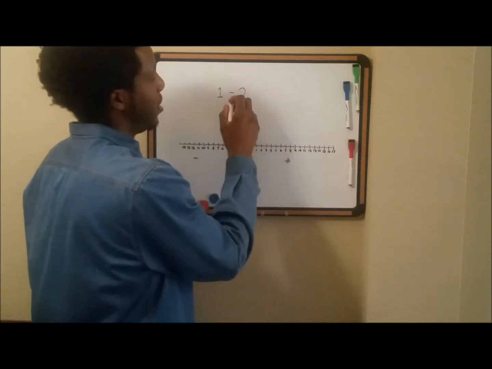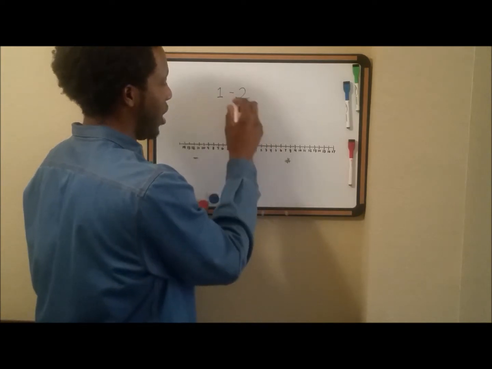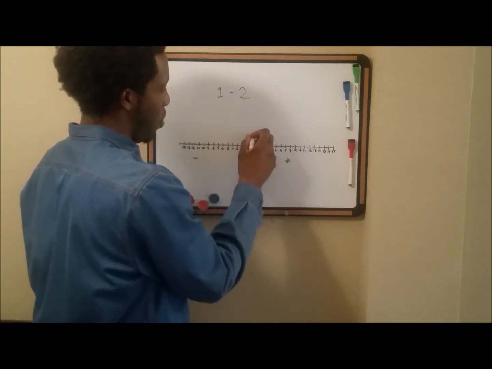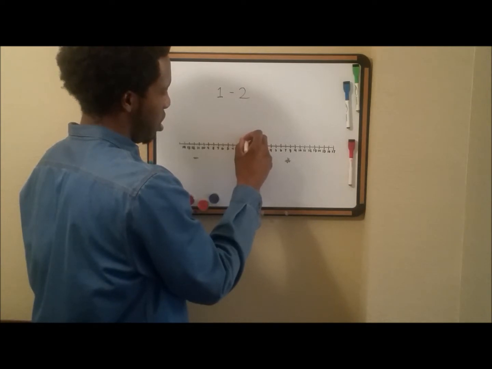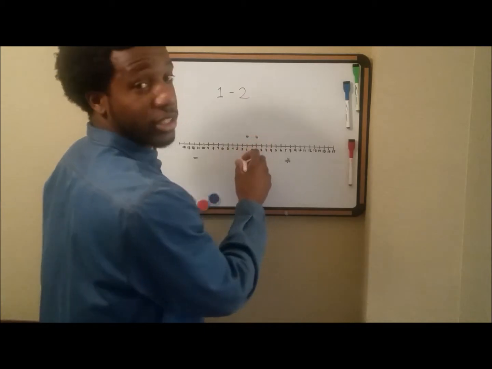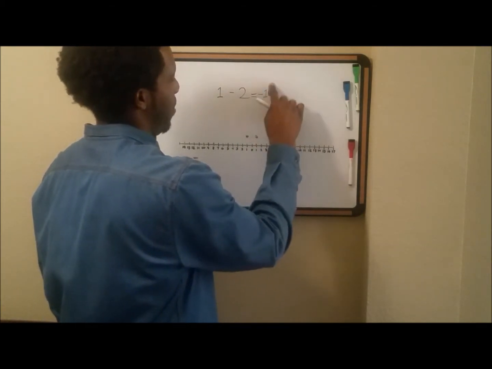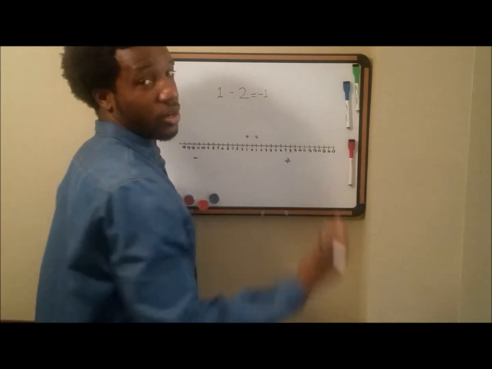Minus 2. So I'm gonna go 2 units in the left direction. So I go 1, 2. So this right here is negative 1. Negative 1. Right there.